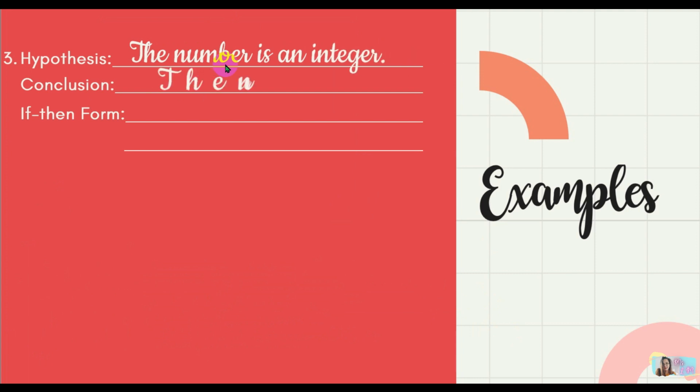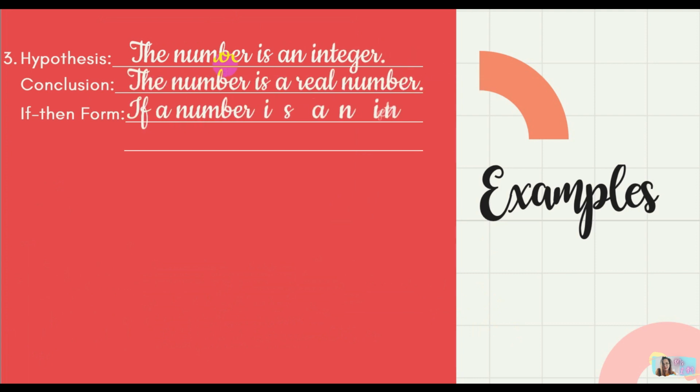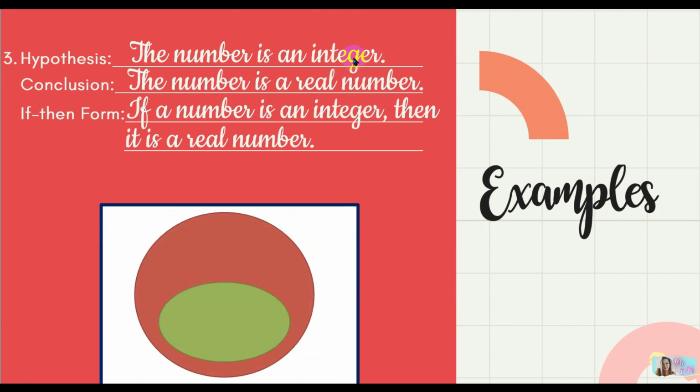Another example. Given here are the hypothesis and conclusion, and we will be the ones to put them in the Venn diagram. This one is easier. The number is an integer and then the number is a real number. If we are going to form the Venn diagram, the inner oval has the integer and then the outer oval has the real numbers. So, that is our Venn diagram for this conditional statement.